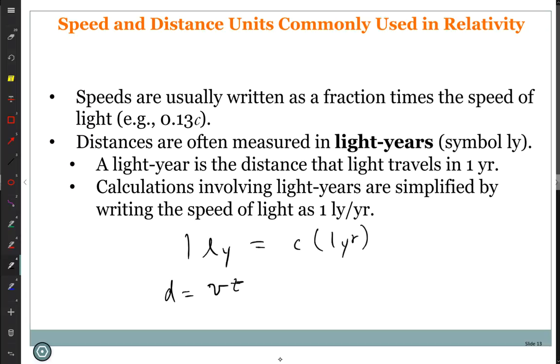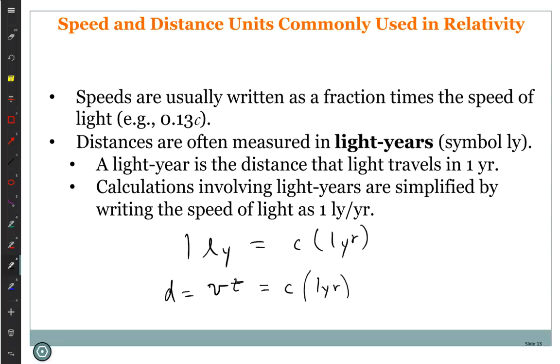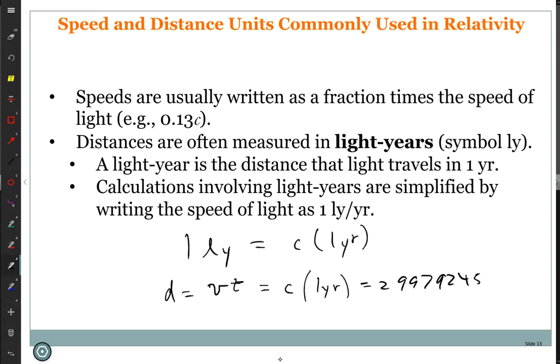So I can take this, and if it's a light year, that's going to be the speed of light, c, multiplied by the time, and you just multiply those through. It's the same equations I had above. 2,997,92458 meters per second times the number of seconds in a year, which I'm just going to put as 1 year because I don't know that number.